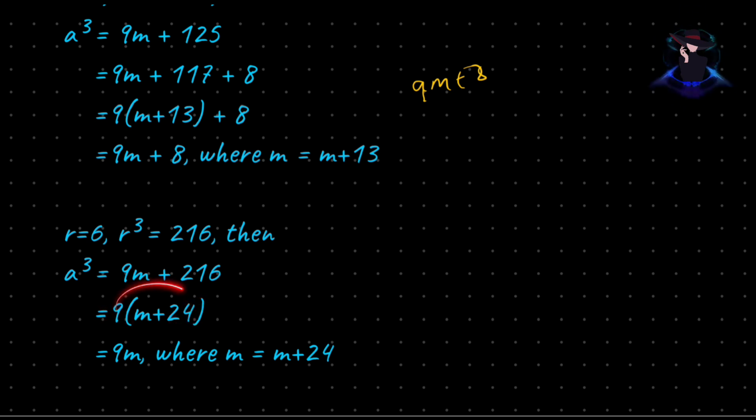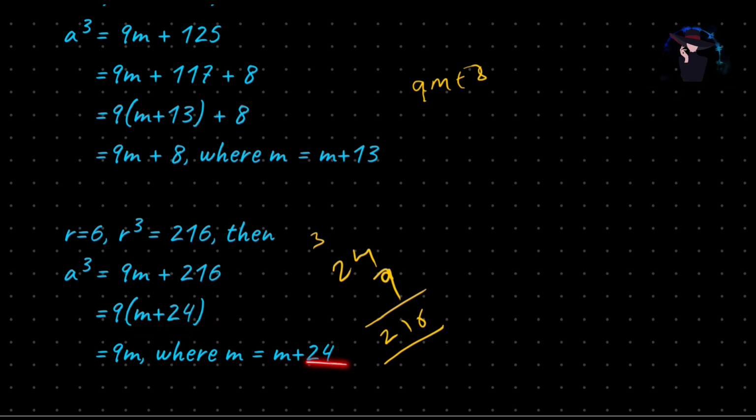Let's just multiply to check it out. 24 into 9: 4 9 is 36, 9 2 is 18, 19, 20, 21, so 216, right? It comes in the 9 table, so we don't need to do any addition of numbers. So 9m, where the value of m is m plus 24. Then it is in the form of 9m.